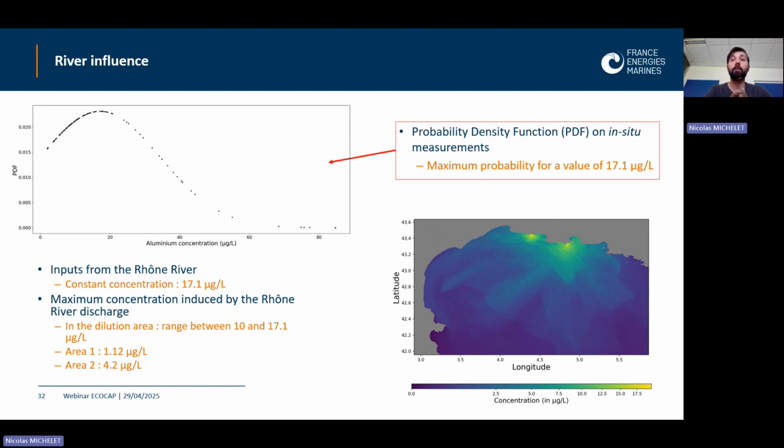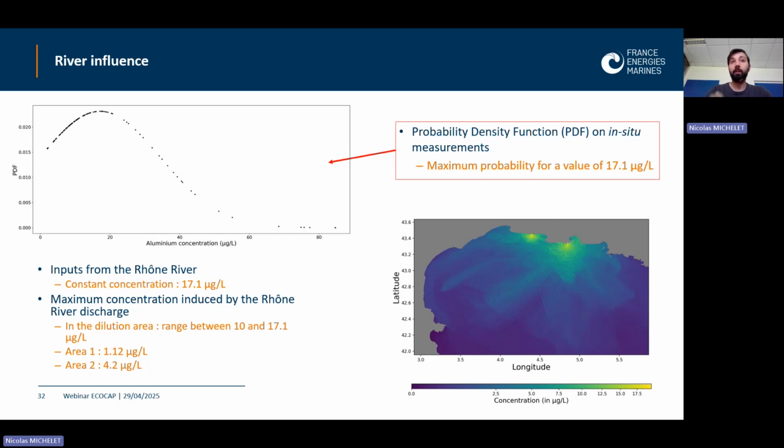So we can see here that on the area 1, the influence of the Rhône River is similar to the anode, but on the area 2, it's almost 3 times higher than the anode naturally over this area.